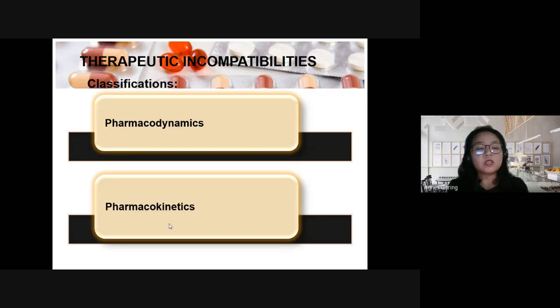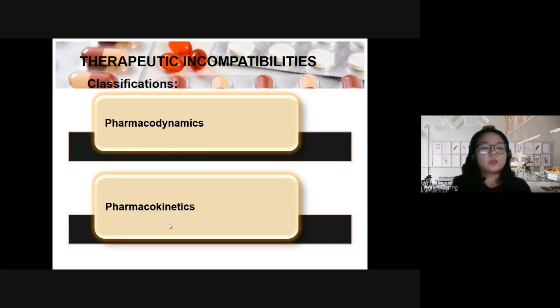If there is a change in the absorption, distribution, metabolism, or excretion of the drug, so there would be a change in the drug plasma concentration. Definitely, di ba? Kung halimbawa, 25 milligrams siya, but then tinake mo siya with another drug, na nag-decrease yung absorption ng 25 milligram.